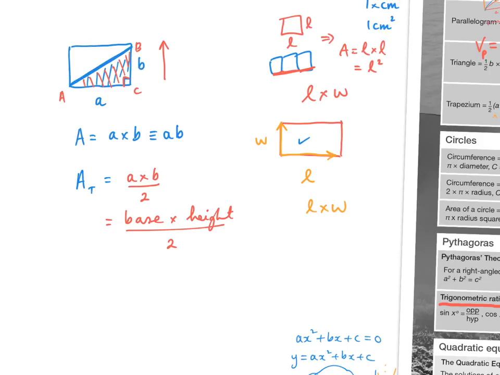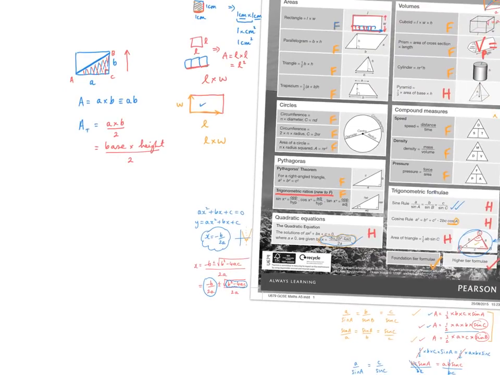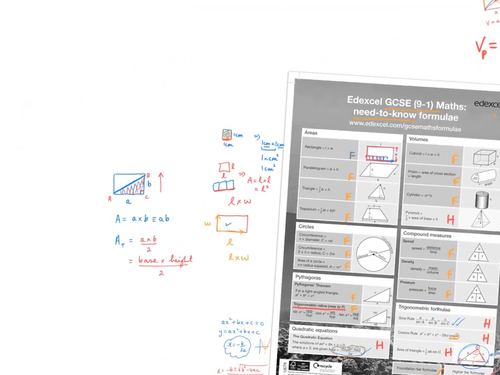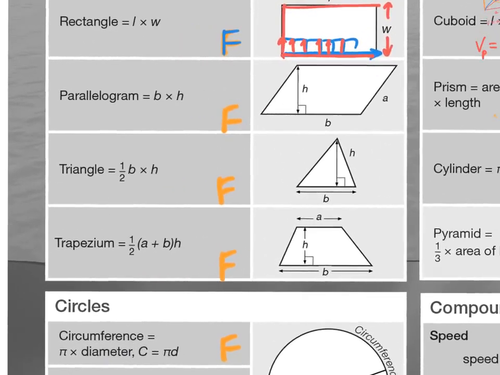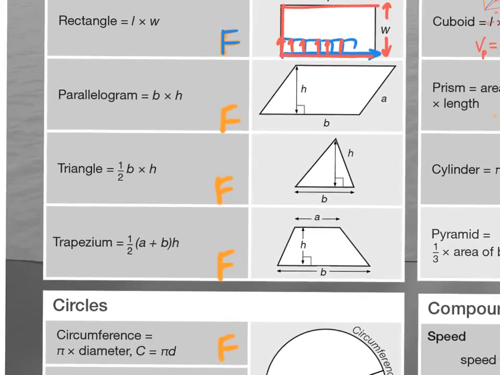But if we look at the actual formula sheet, what we have to learn, then if we look at the area of the triangle given here, well, if we imagine that these were parallel lines going across here, then if I have a base and I have a distance between the two parallel lines, we call that the perpendicular height.